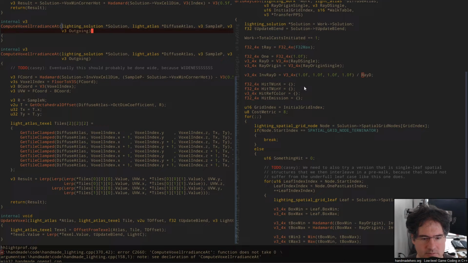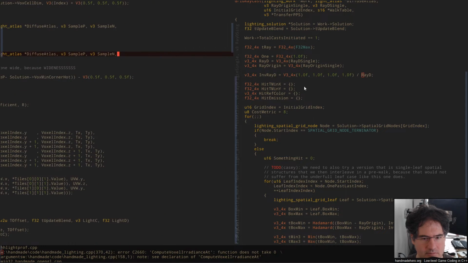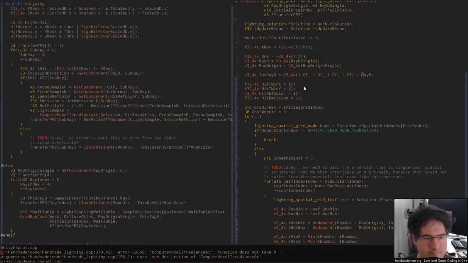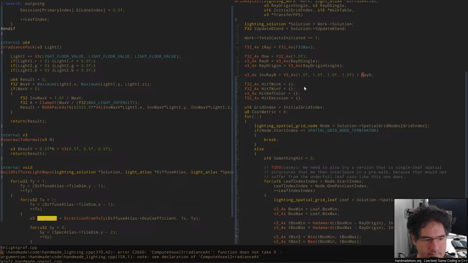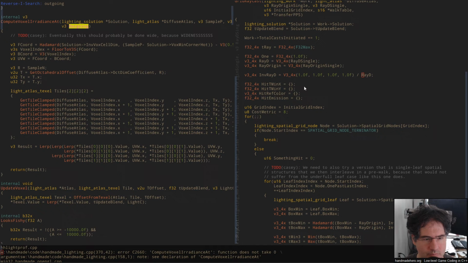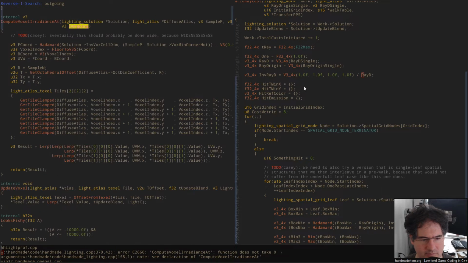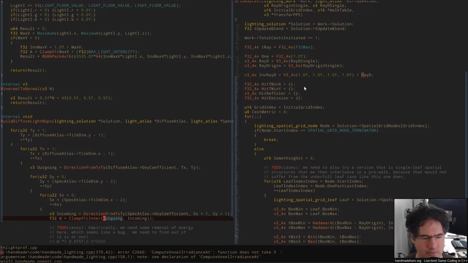What does outgoing mean here? Outgoing. So I'm not sure what the outgoing part of that is. It looks like that's some kind of, what are we passing to this?